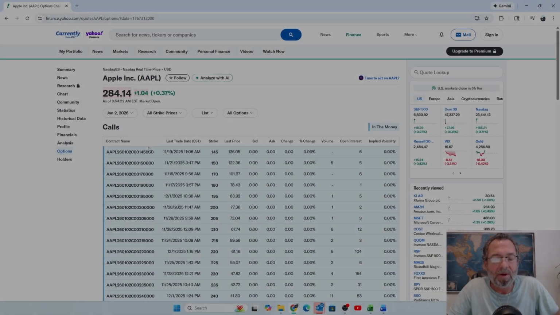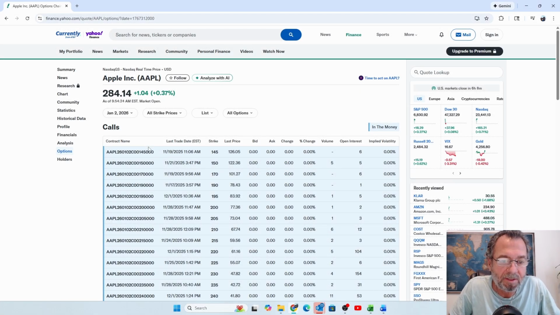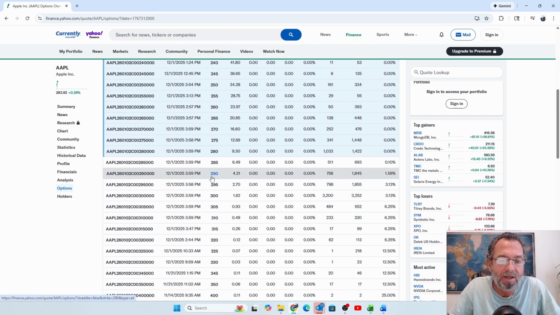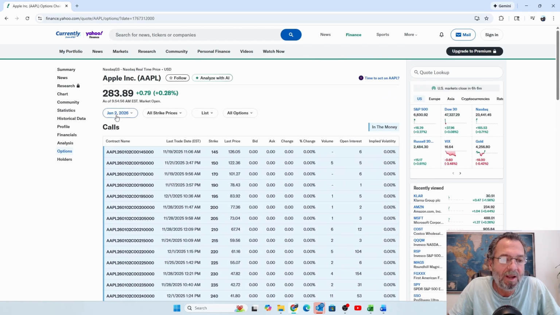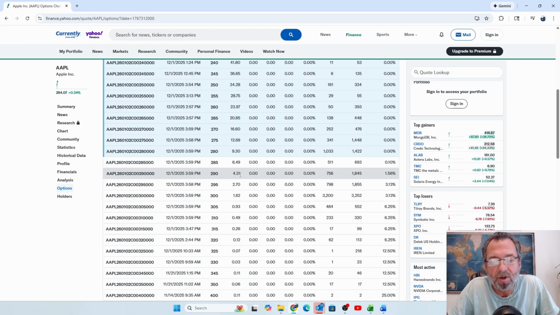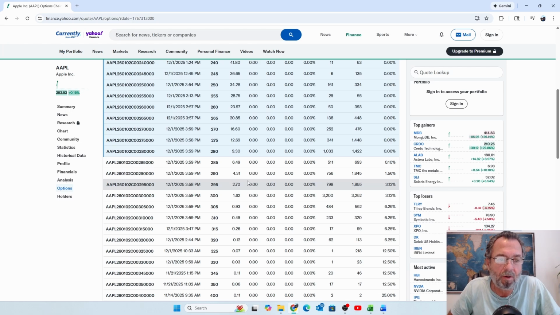The next part about selling covered calls, and this really is the most exciting part, and here's why. For that 290 strike 30-day option that I just sold to somebody out in the market, they are paying me up front today $4.31. Now that's times 100 shares. So that means you instantly receive $431 in your account, guaranteed income for you to keep no matter what happens over the next 30 days.